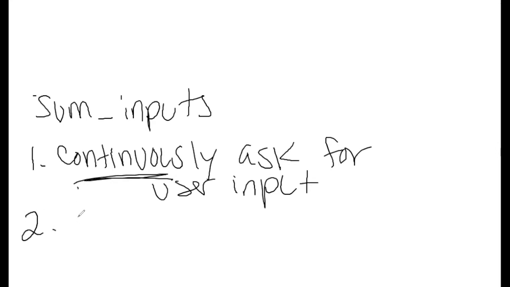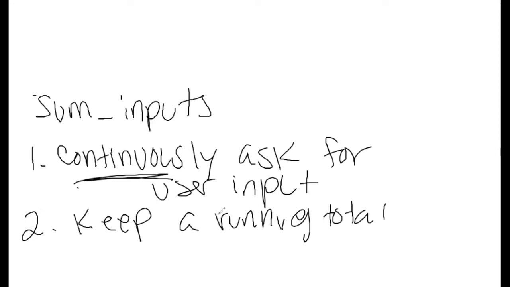And then as we ask for this input, we want to keep a running total, which is the sum that we eventually want to return. And then the third thing we want to keep in mind is we want to stop at -1. So if someone enters -1, we know we want to stop our function and return the result where we're at.